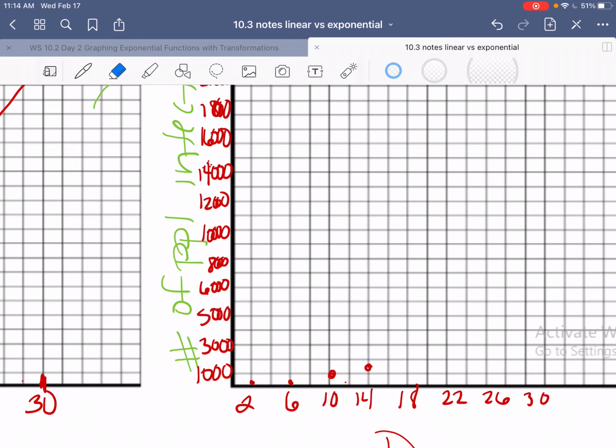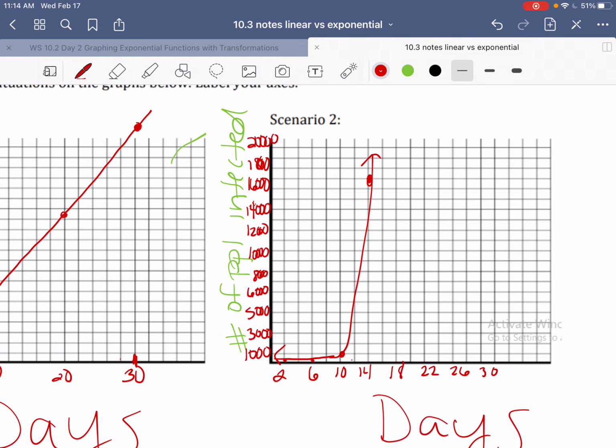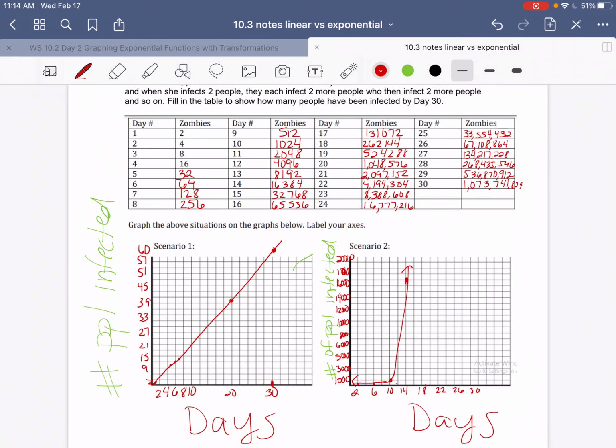Day 14, we were up to 16,000. I did 1,600. And there is your exponential relationship because that just, bloop, flew up there. So we're just comparing these two.